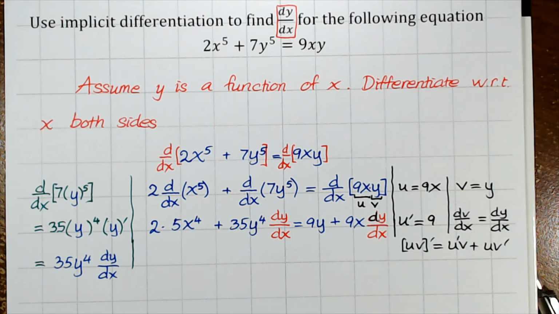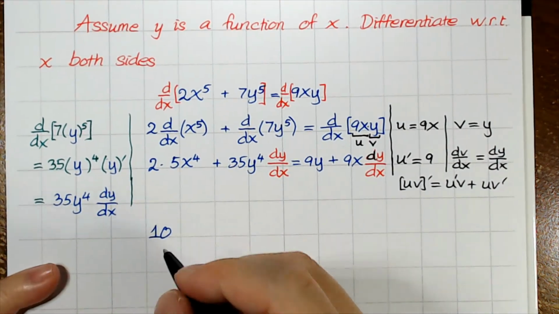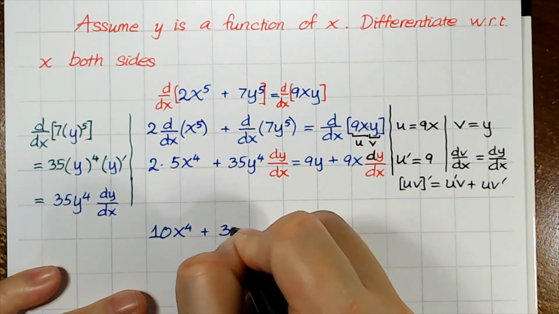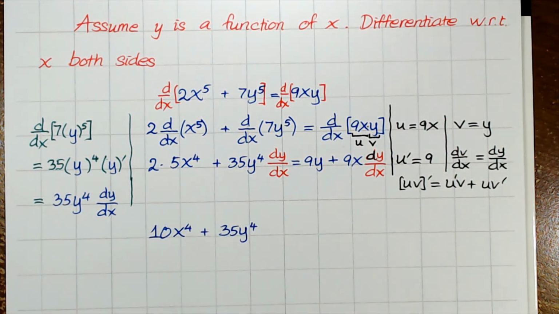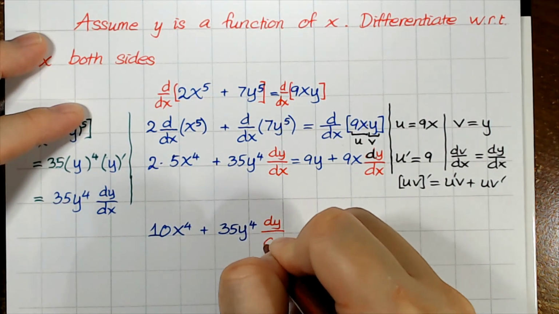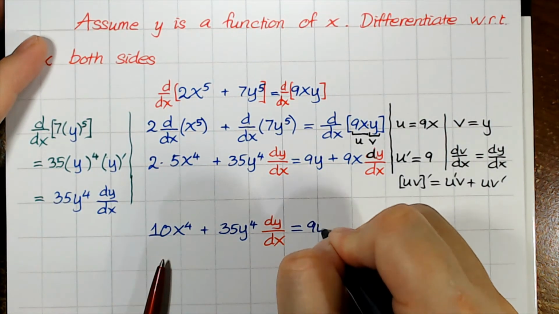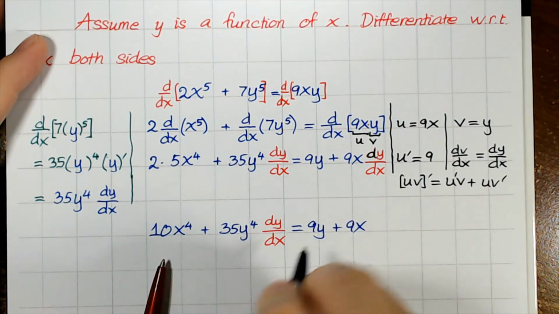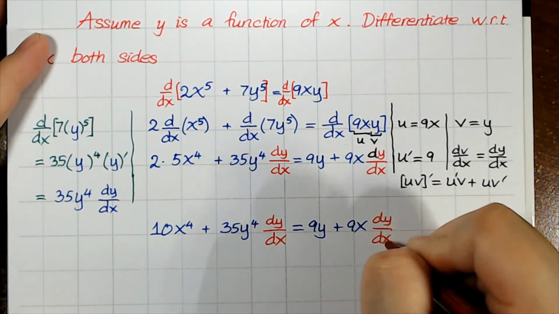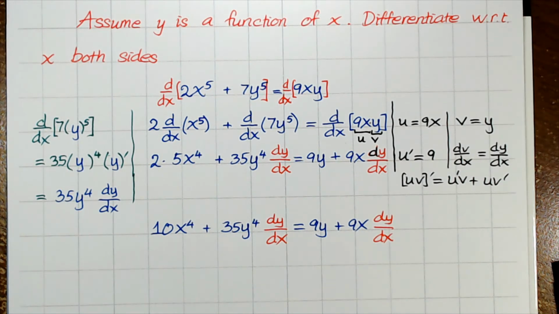Right. Simplify this. We have 10x to the 4th power plus 35y to the 4th power dy over dx equal to 9y plus 9x dy over dx. Now we just solve for dy over dx, so we move everything to the other side.